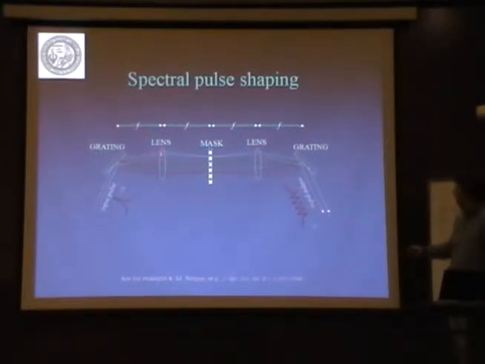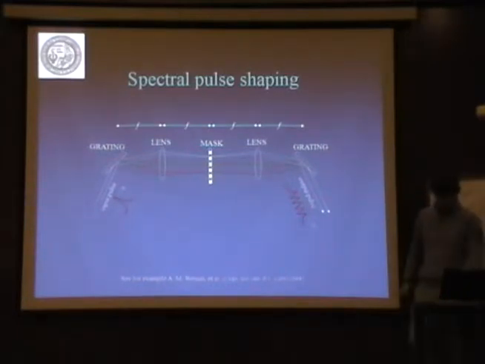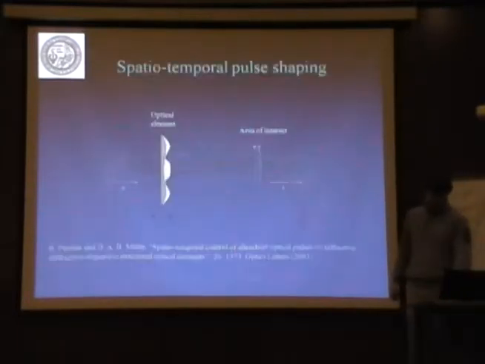We know that. So blue goes here, green here, red here. And now here you put some mask that is going to stop some of these colors and let some other colors go through. And that's how you shape the spectrum. And then you combine back again here and you can get a train of pulses. So that way you can shape pulses.